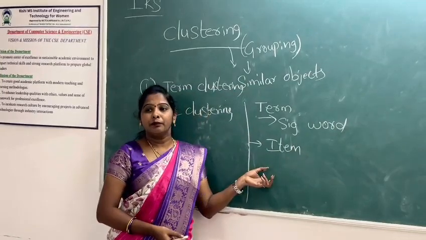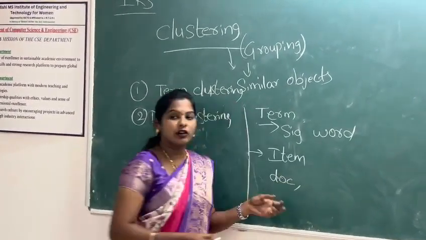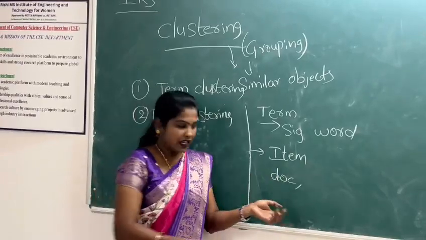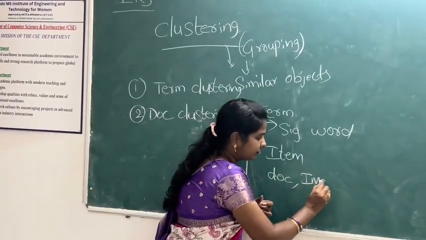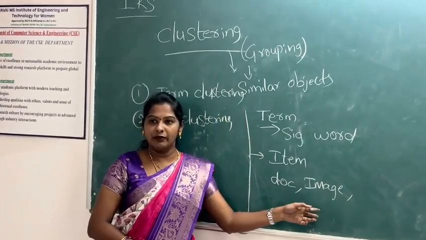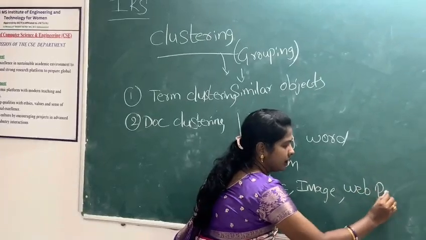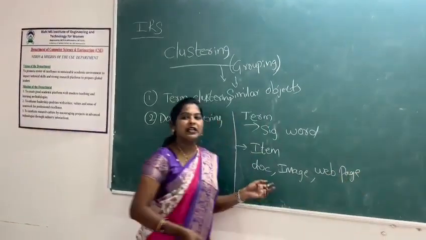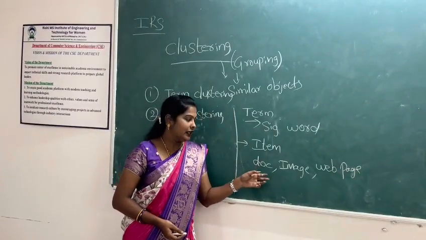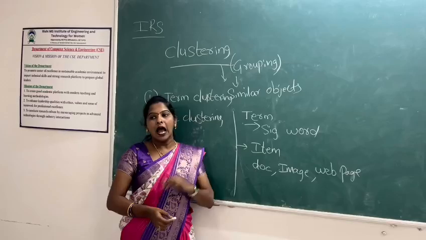An item may be a document or an image or a web page. Any piece of information like a document, image or a web page is known as an item.